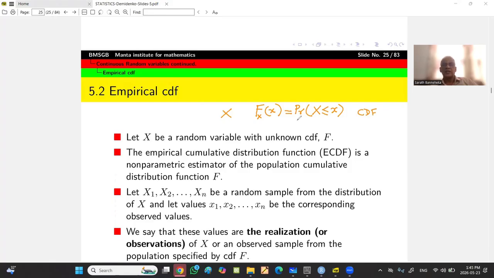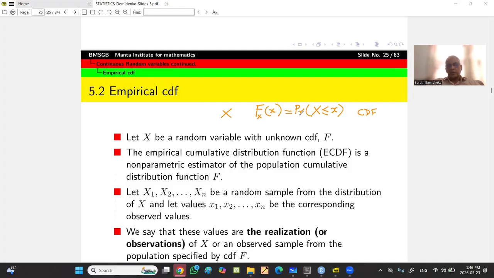You might select a model that is a member of a certain family of distributions, so exponential distribution with some unknown rate parameter lambda, or you might think that capital X has a normal distribution with some unknown mean mu and unknown variance sigma squared. So the cumulative distribution function also contains those parameters.